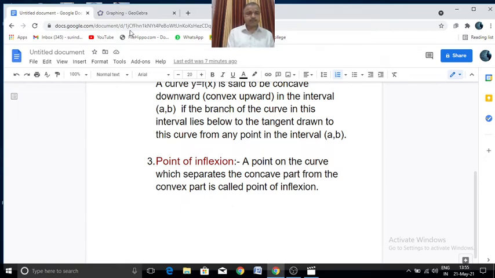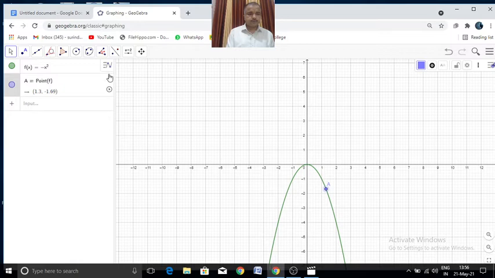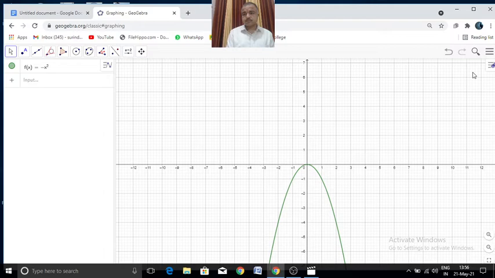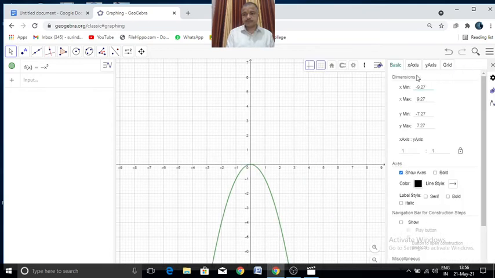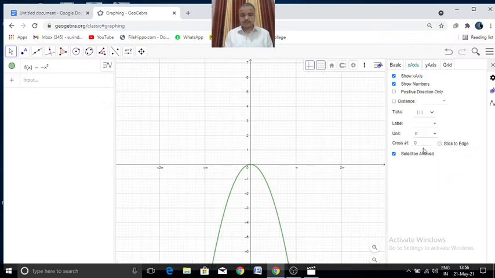Again, we will check it geometrically. First, we delete the old graphs. We shall put the units on the x-axis as pi units.